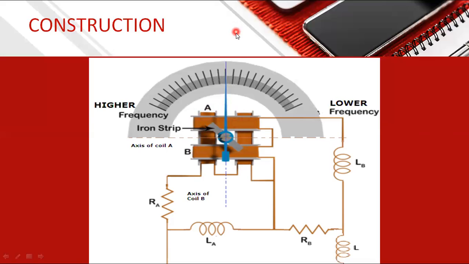This is wound about a vertical axis. So you can see the axis that is in blue color, it is axis of coil B, and axis of coil A is horizontal.